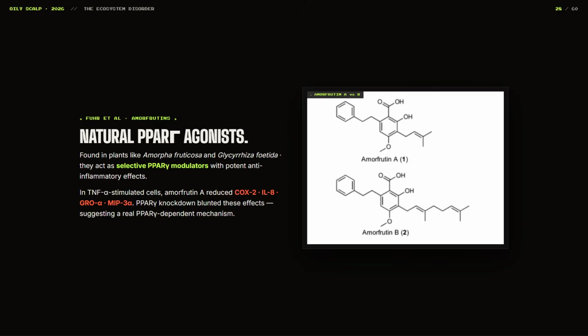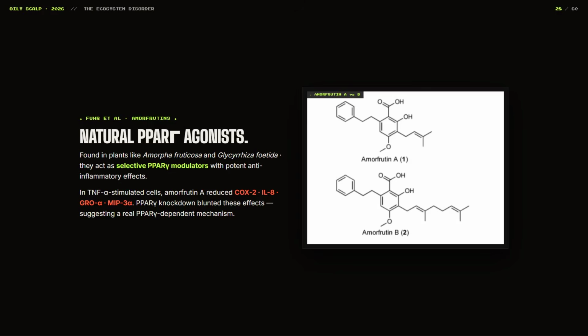In that same Fur et al. paper, amorphodin A, a specific type of amorphodin, reduced inflammatory markers of TNF-alpha stimulation, including COX-2, GRO-alpha, interleukin-8, and MIP3-alpha. My interpretation here is not that amorphodins are proven oily scalp treatments. They're not. But mechanistically, they are very interesting.